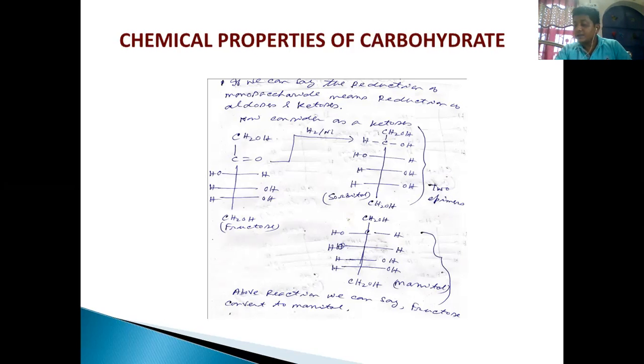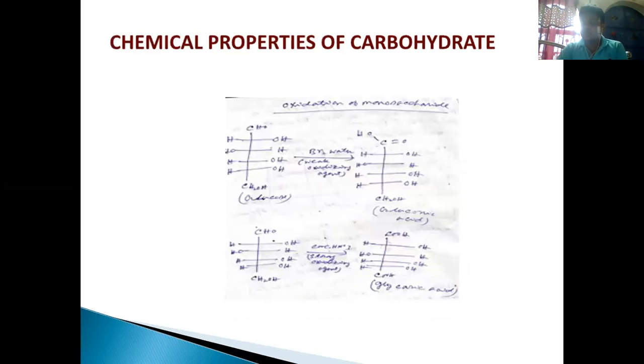We cannot easily create a reaction here, because it contains double bond character, but through the hybridization process it may be possible. So when treated with hydrogen and nickel catalyst, it produces two epimers, sorbitol and mannitol.